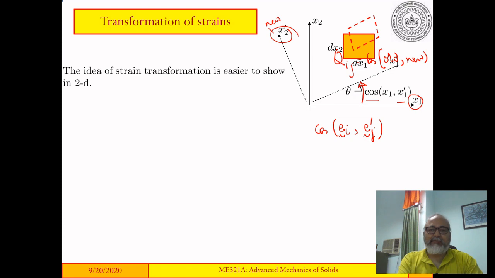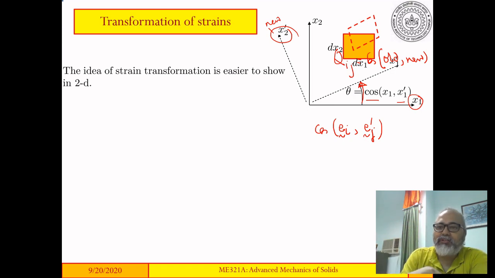Now I have changed my coordinate system to x1 prime, x2 prime, which means that if I have to define my strains in this new coordinate system, I'll have to start with a pillbox whose edges are oriented along the x1 prime and x2 prime directions.